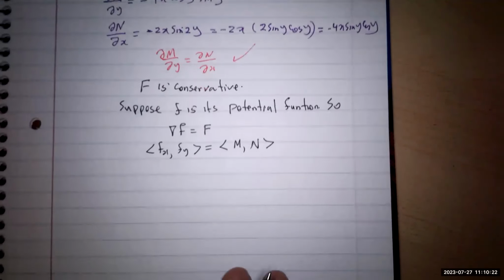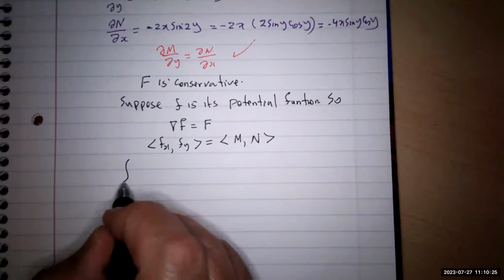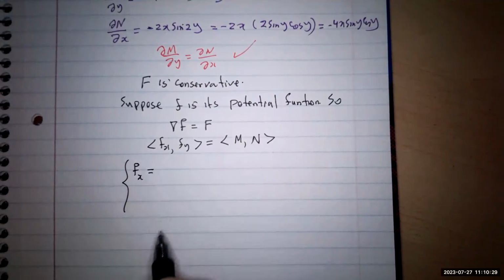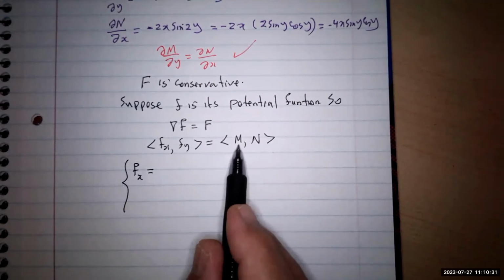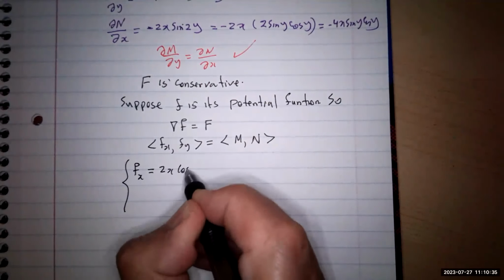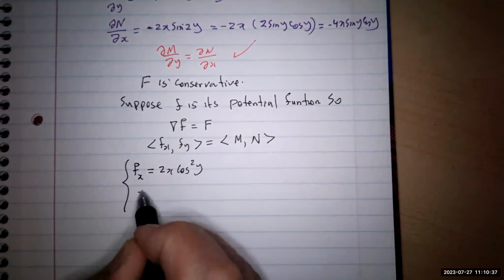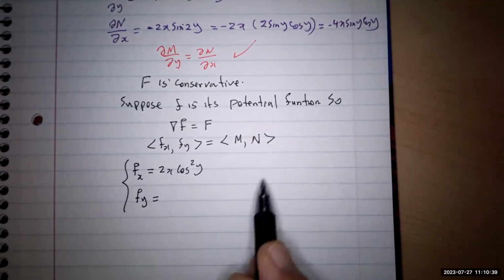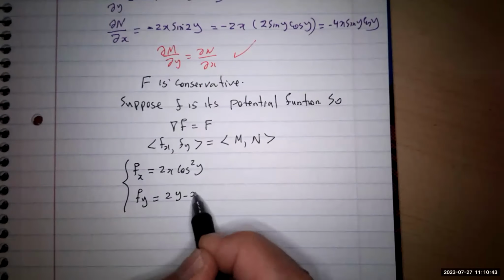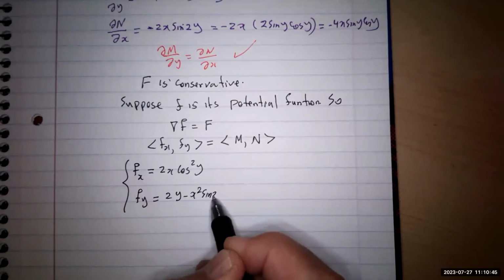So you are forming a system of 2 equations, 2 variables. This is it, f sub x equal to the M. So your M is 2x cosine square of the y, and f sub y equal to the N. So your N is 2y minus x squared sine of the 2y.